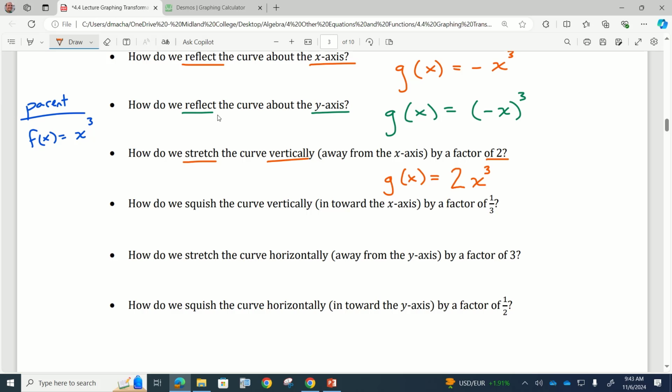So if I write 2x cubed, now every point along the curve is going to be twice as far away from the x-axis. I'm stretching it out in the vertical direction.